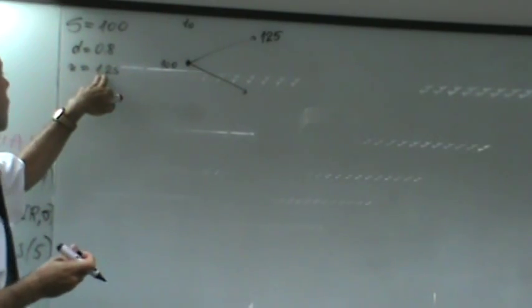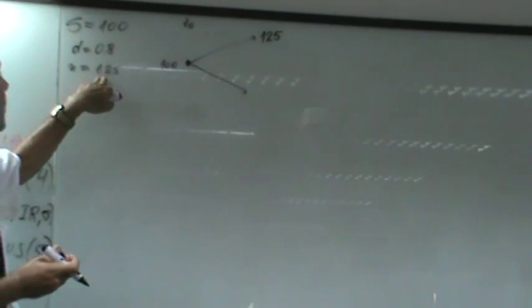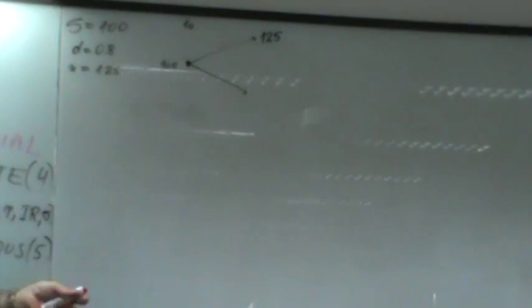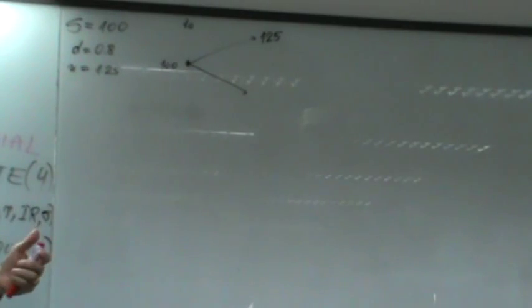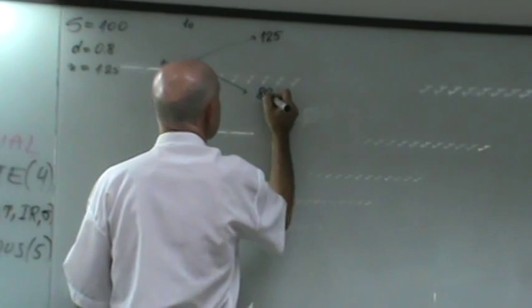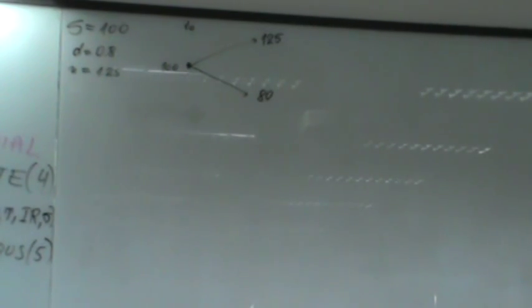You multiply 1.25 times 100. Okay? And then on the downside it is 80. So that's how you basically measure it. Okay, that's fairly straightforward.